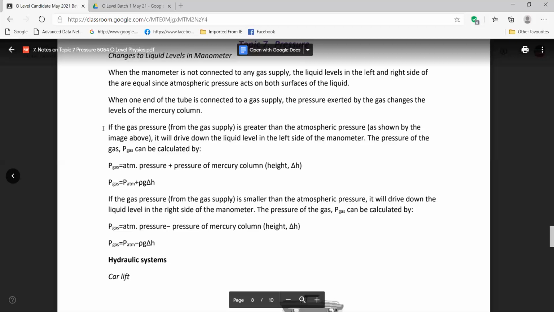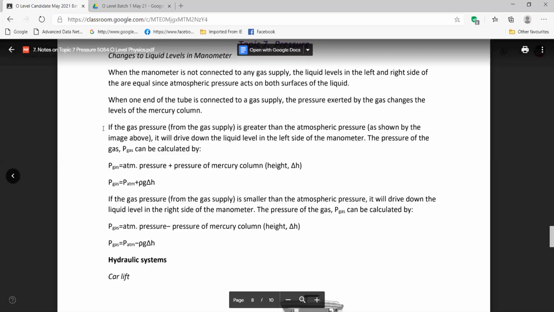If the gas pressure is smaller than the atmospheric pressure, it will drive down the liquid level on the right side of the manometer. The pressure of the gas can be calculated by P gas equals atmospheric pressure minus pressure of mercury column. P gas equals P atmosphere minus rho g change in height. So you got your answer. How to write the formula then?